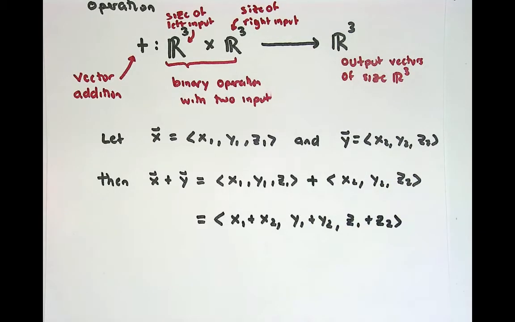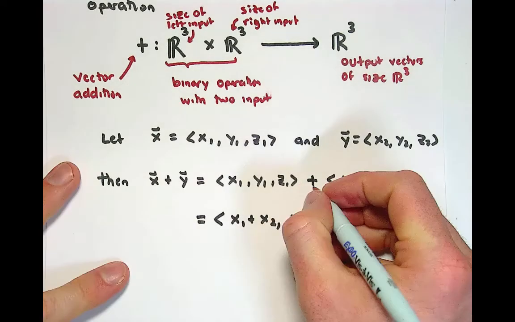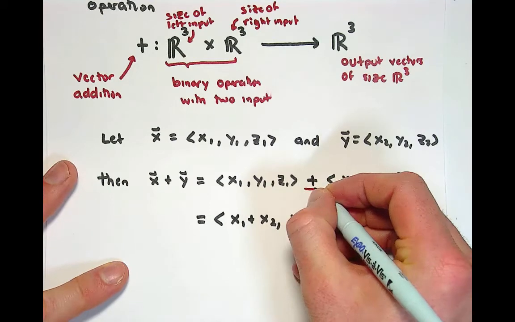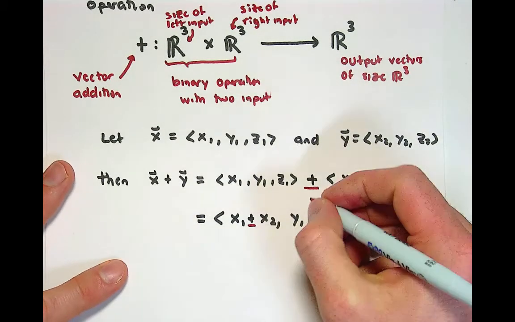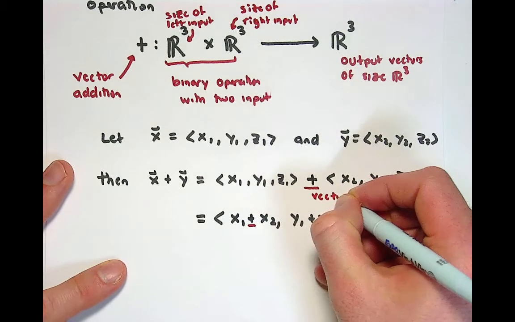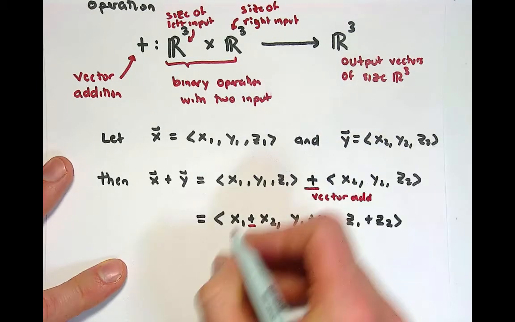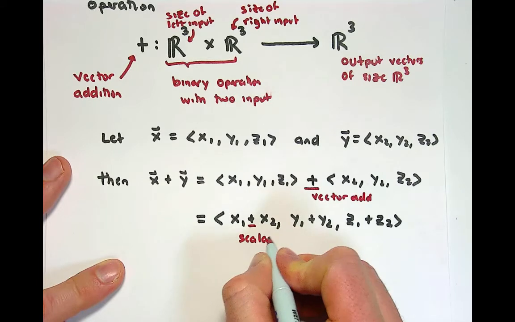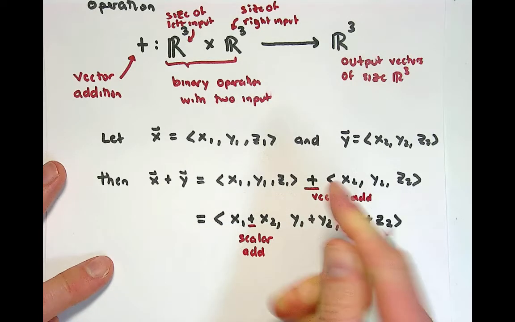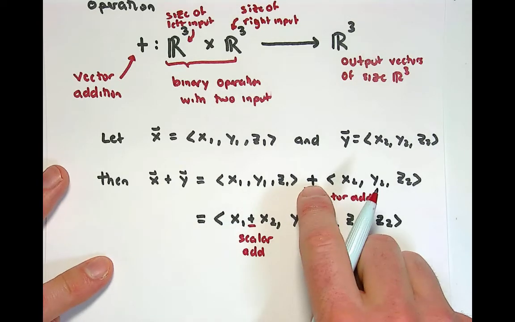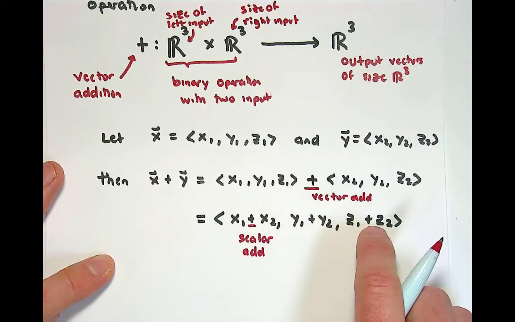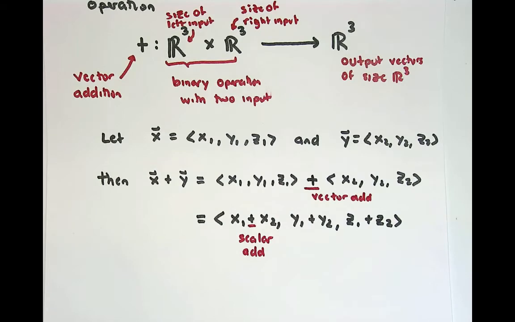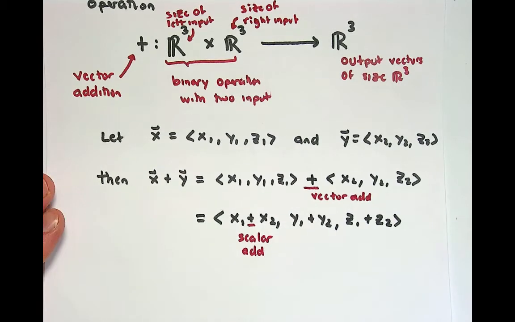I want you to be very, very cognizant of the fact that these addition signs are different. This is what we call a vector addition. This is a scalar addition. So a single vector addition in R3 represents 3 individual scalar additions in R, which is quite powerful.